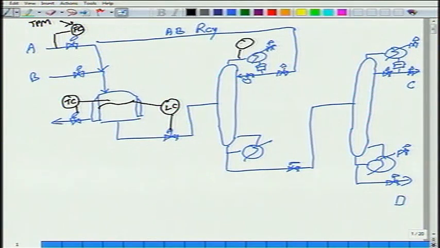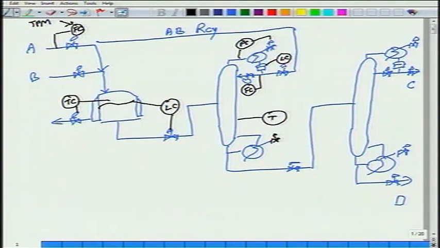The rest of the stuff is actually pretty straightforward. Level control, sufficient reflux so that C doesn't go up the top. Yeah, so I missed a valve here.